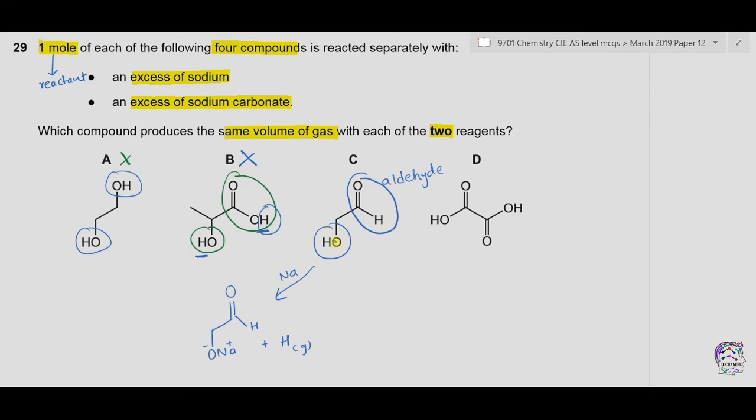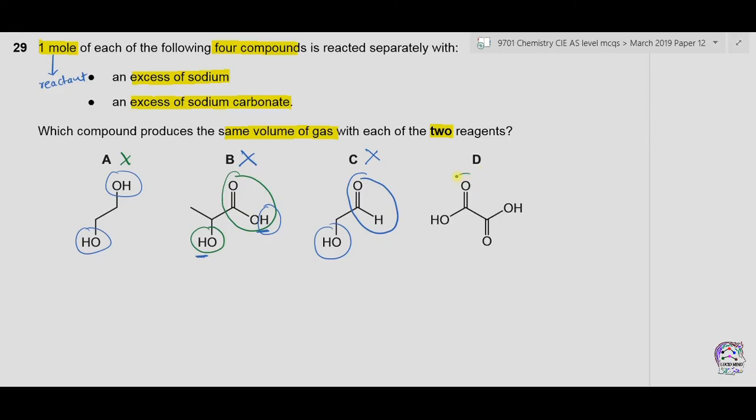As we have 1 mole of the reactant involved, only 1 mole of H is being produced. Second reaction is with sodium carbonate. None of these react with sodium carbonate and there is no chemical reaction, so therefore no gas is produced. So C is also incorrect.